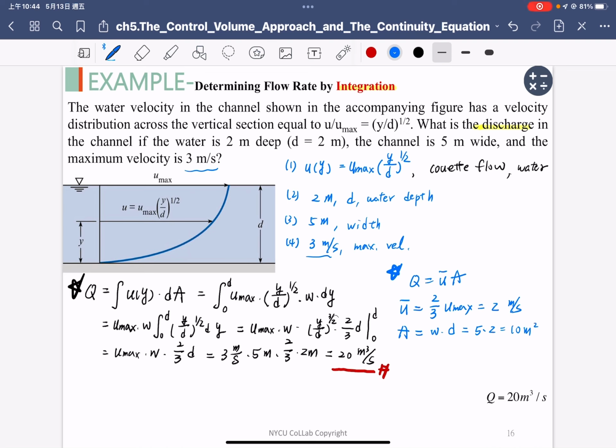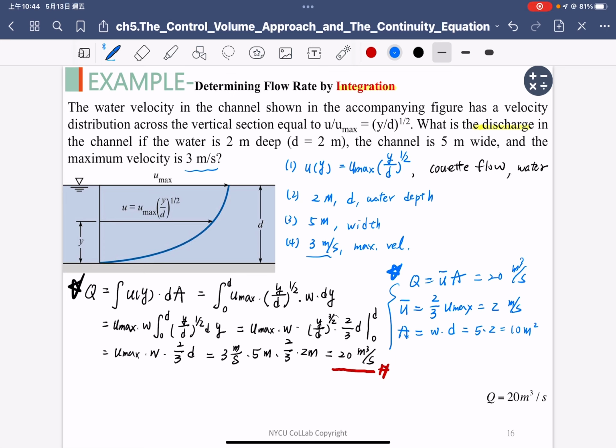You already know the mean velocity and the total area, so you can quickly compute the discharge, which is equal to 20 cubic meters per second. Only 3 very simple equations, and we can find the discharge very quickly. We don't need to deal with integrations.